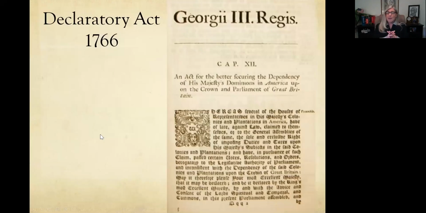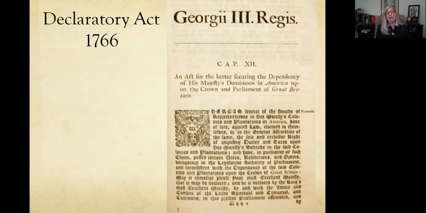At the same time that they repeal the Stamp Act, King George does not want to appear weak. So King George also issues, at the very same time that the Stamp Act is repealed, the Declaratory Act. And all the Declaratory Act says is that the king and Parliament have the power to issue any law or tax on anyone within the British Empire that they want.